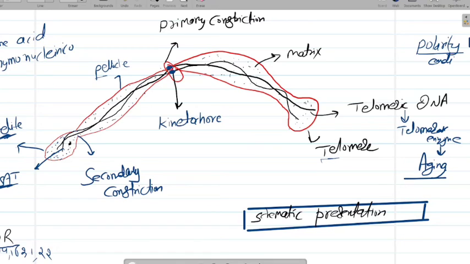So this is the schematic presentation, and I will repeat it in two minutes. This is your primary constriction, and besides it, the chromosome can also have a secondary constriction, and the leftover part beside the secondary constriction is called the satellite. If your chromosome has a satellite region, we call it a SAT chromosome. It means sine acid thymonucleinico region.